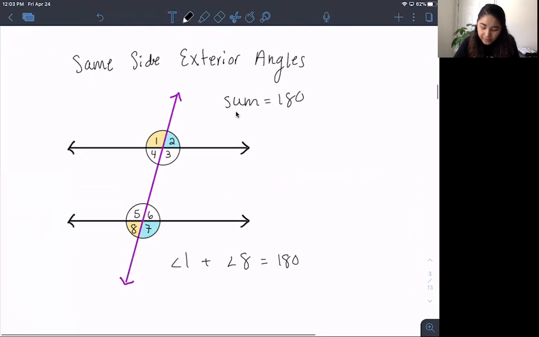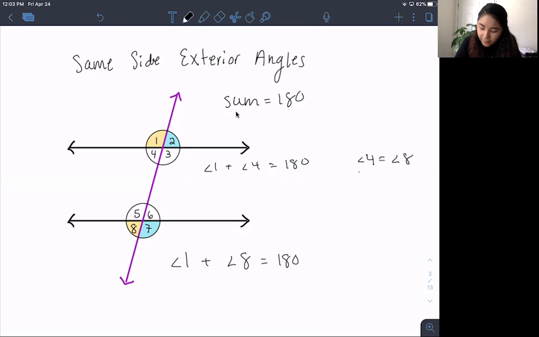And you can also prove this one, right? We know that angle 1 and angle 4 make a line, which is 180. So angle 1 plus angle 4 equals 180. But then we know that angle 4 is corresponding with angle 8, so angle 4 equals angle 8.